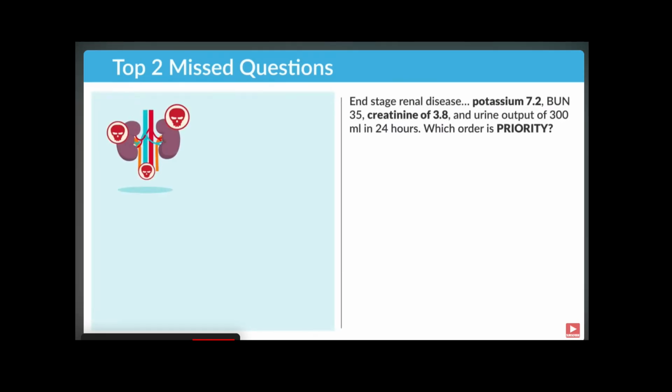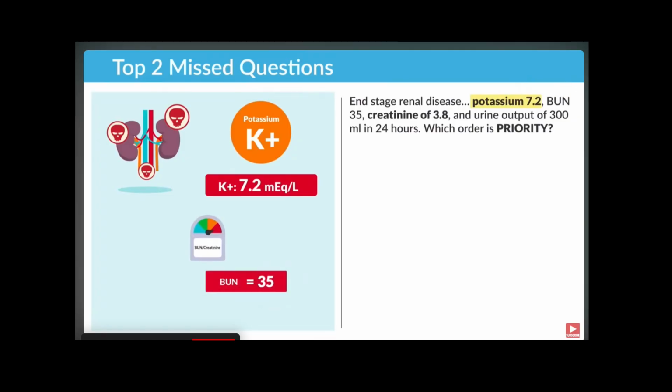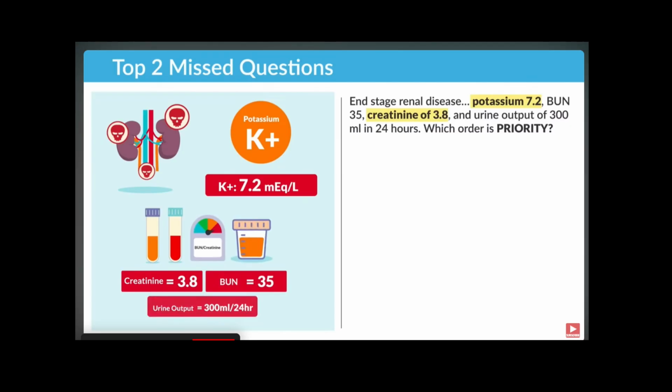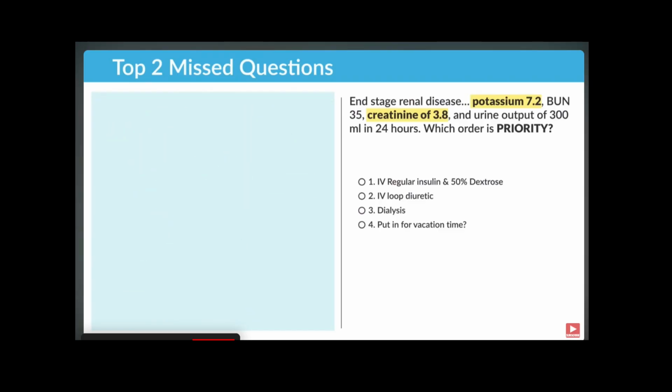Now, question number 2, end-stage renal disease with a potassium of 7.2, a BUN of 35, creatinine of 38, and urinary output of 300 mLs in 24 hours. Which order is priority? So this question says high potassium, right? But nothing about ECG dysrhythmias, or basically heart dysrhythmias.